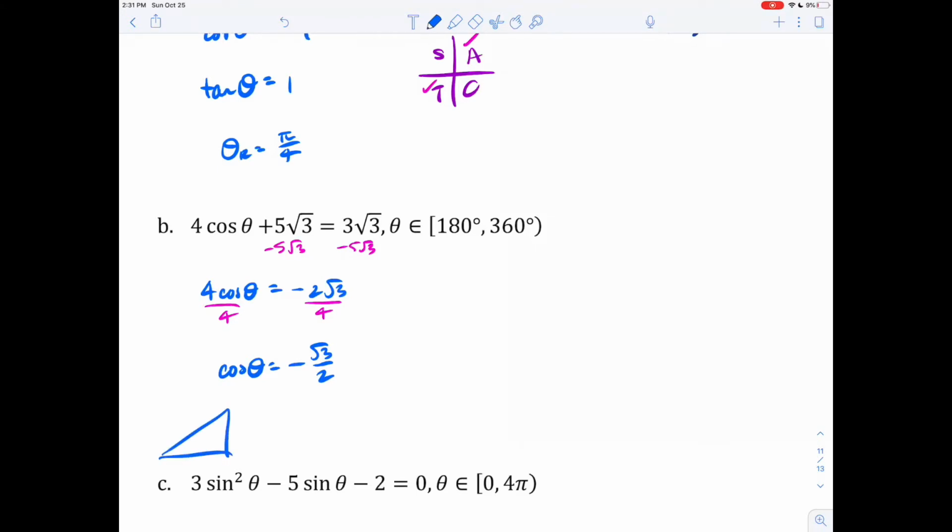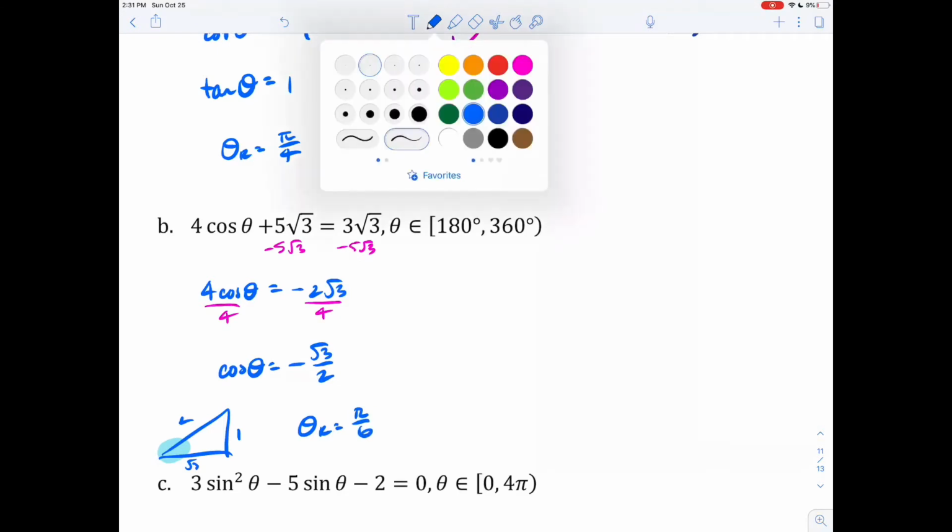If you want to reference a special triangle for that, that's 2, that's root 3, that's 1. Looks like we're dealing with this angle right here, so we have a reference angle of pi over 6.